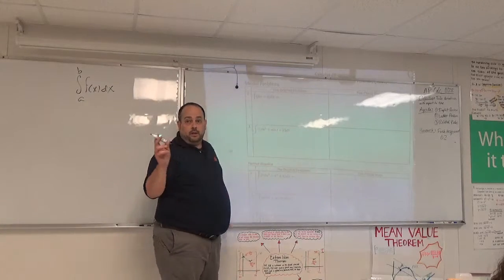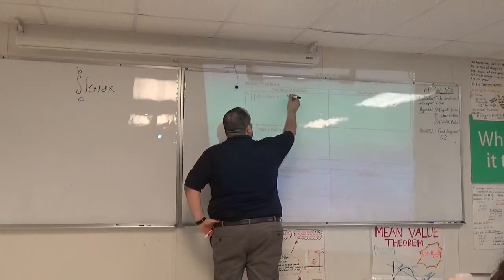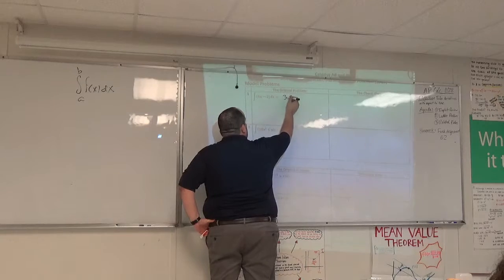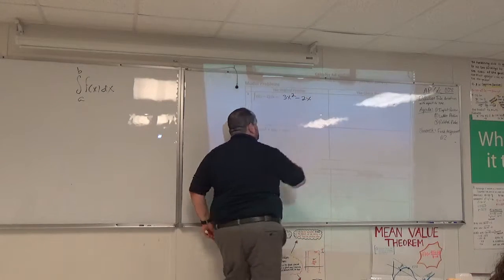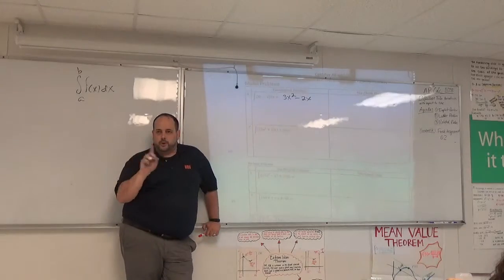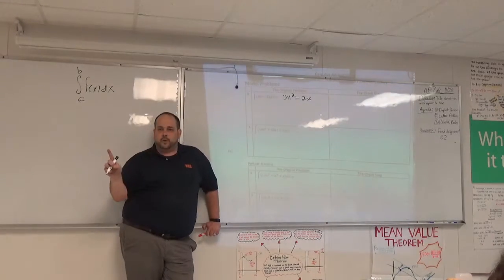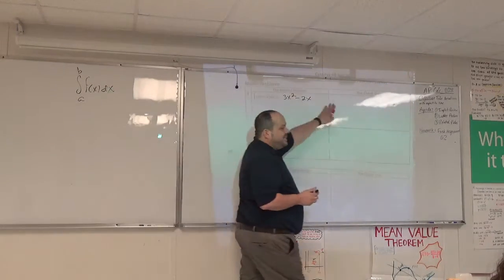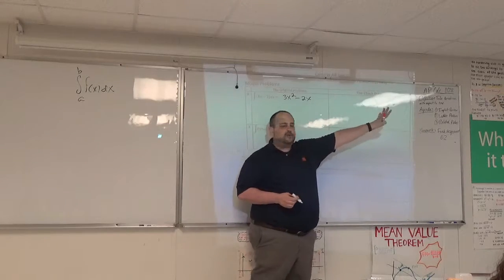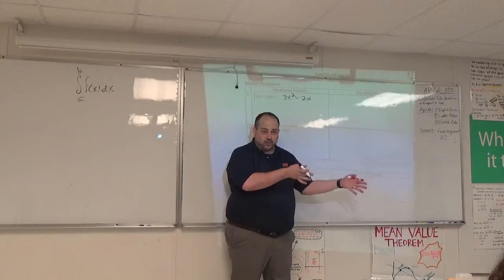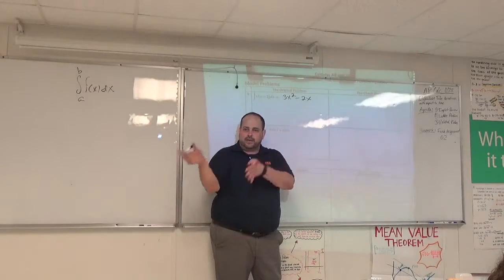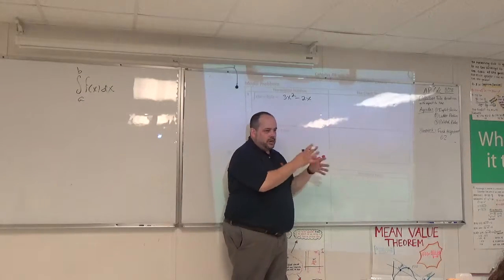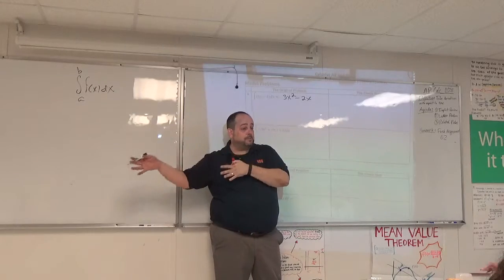3x squared minus 2x. So let's just do a quick check here. Does that actually work? Now, the check step, just like in first grade when you learned about subtraction and your teacher always had you check the work, they had you do addition. And then you learned division and the check step was multiplication.